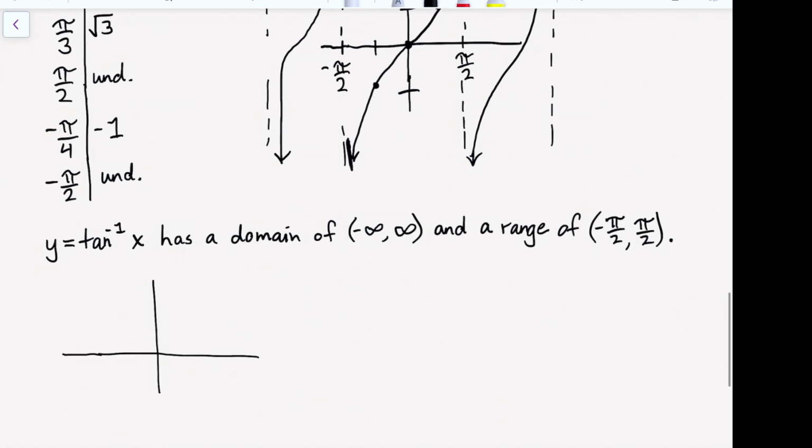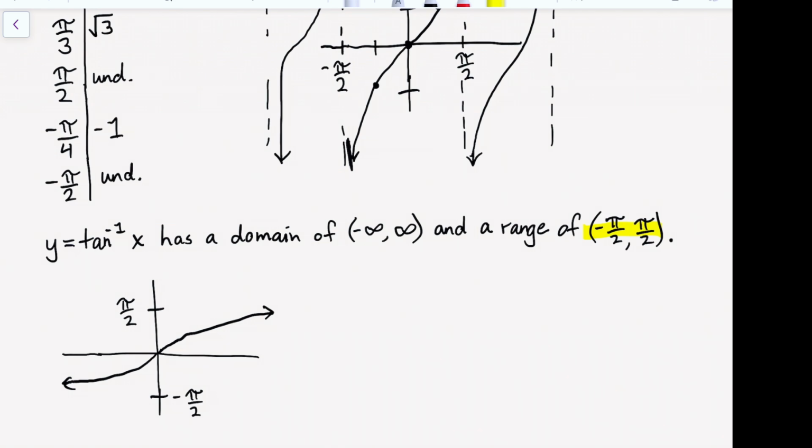Y equals tan inverse of x has a domain of -∞ to +∞ and a range of -pi/2 to +pi/2. The graph looks something like this, with horizontal asymptotes at -pi/2 and +pi/2. It's important here again to note the range of this inverse tangent function.